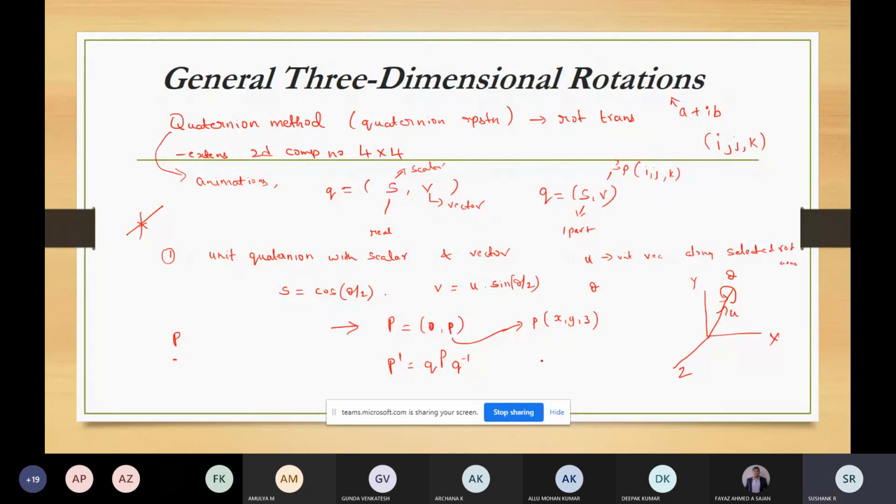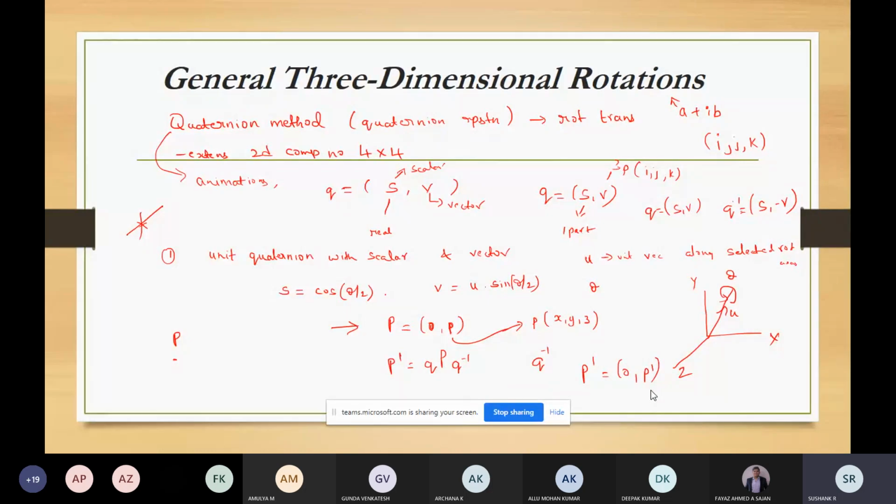Q is S comma V, and Q inverse is S comma minus V, that is, S and the negative of the vector component. Once this process is followed, the transformation gives the new point represented by 0 comma P dash. This is the new quaternion equation which we obtain.